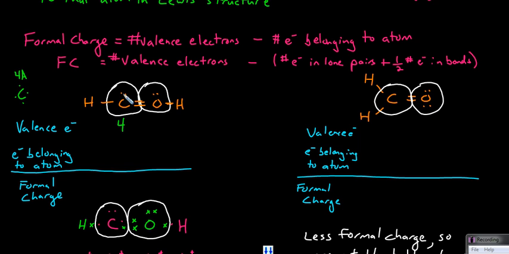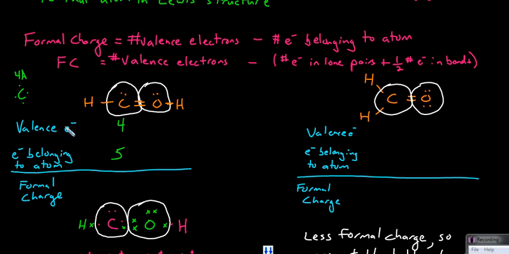There are 2 electrons in the lone pairs on the carbon, and yes, there are 2, 4, 6 electrons around the carbon, but only half of them belong to the carbon, half of the electrons belong to the other elements, oxygen and hydrogen. So we have 2 electrons on the lone pair and 3 electrons in the bonds belonging to the carbon. There's a total of 2 plus 3, 5 electrons belonging to that carbon.